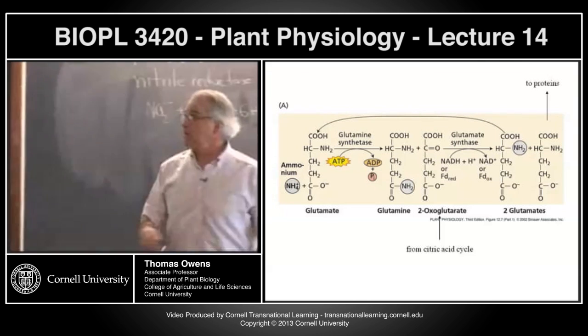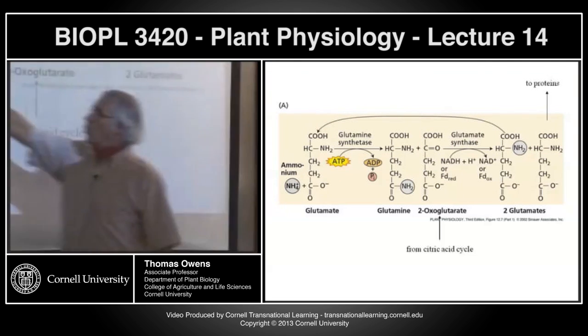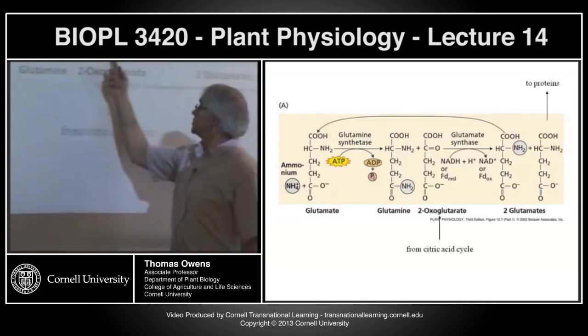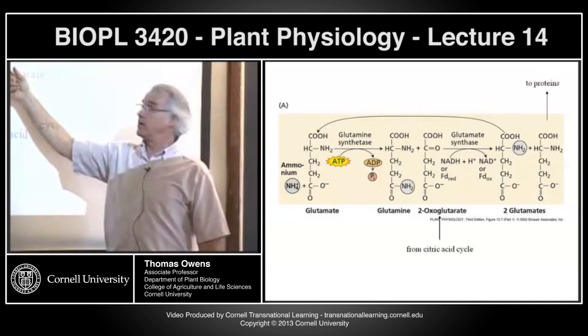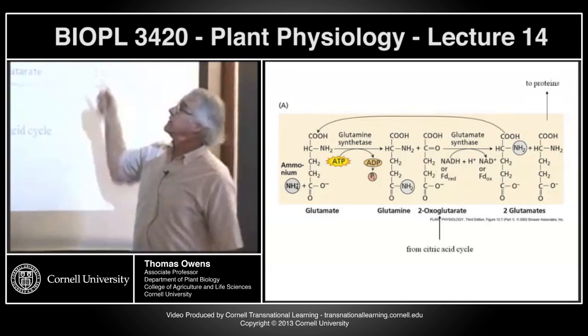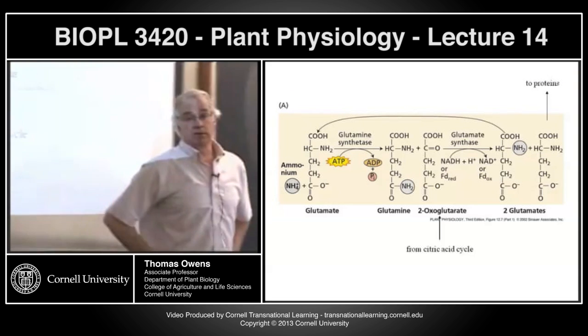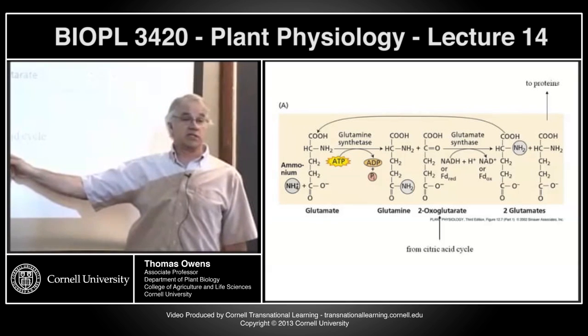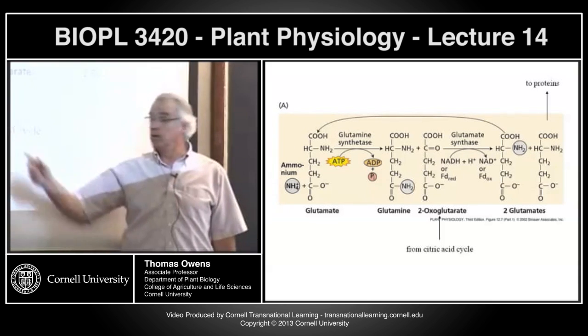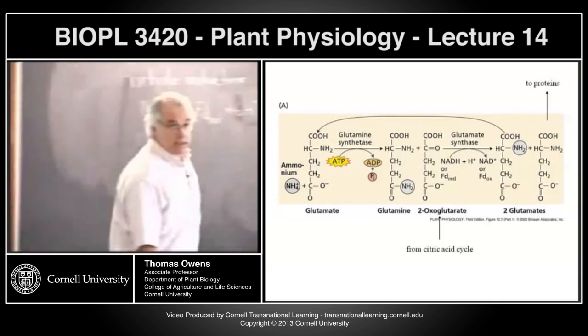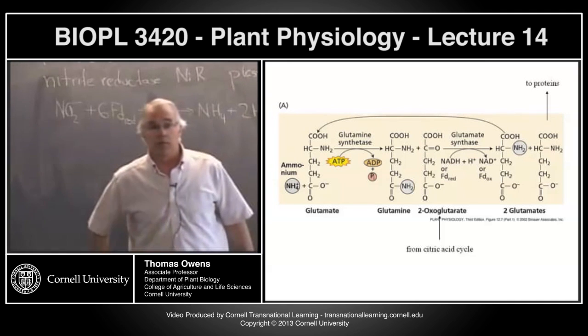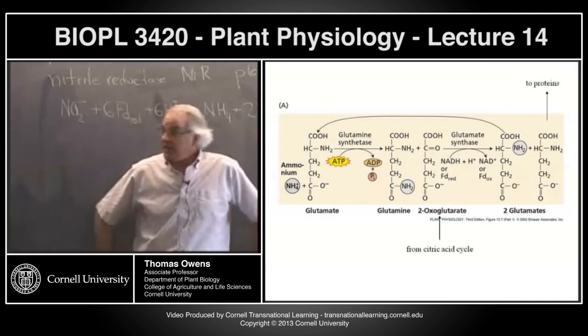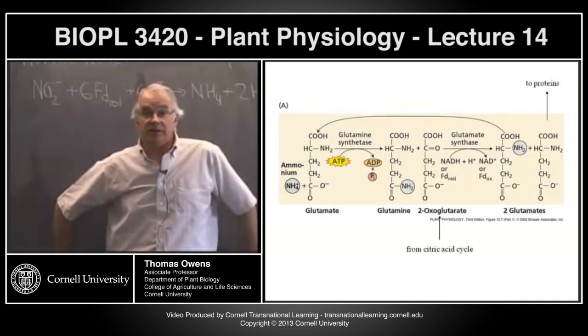So the net of this reaction is 1 ammonia plus 1 oxoglutarate makes 1 glutamate, and the other glutamate just cycles around. So the utilization of these 5 carbon compounds from the citric acid cycle is the net input of carbon into making a whole suite of amino acids.